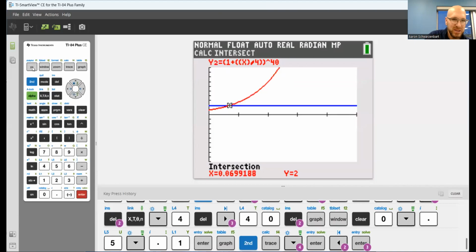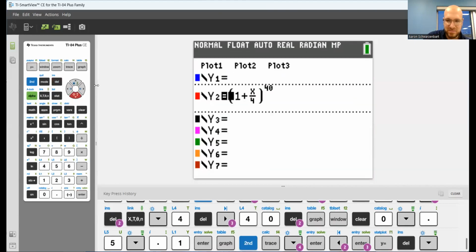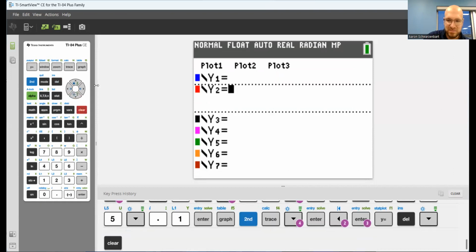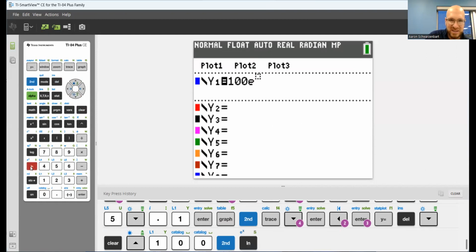I'll go back to my Y equals 100. I use the e to the x button. Every calculator should have an e to the x button. It just takes me straight to the button.